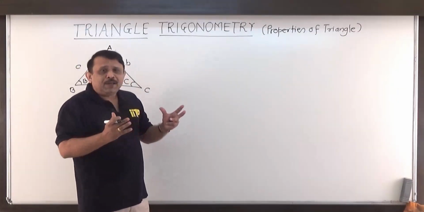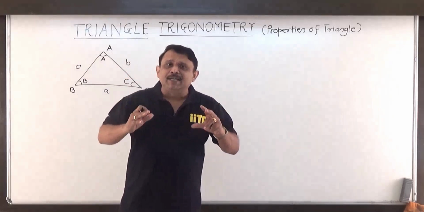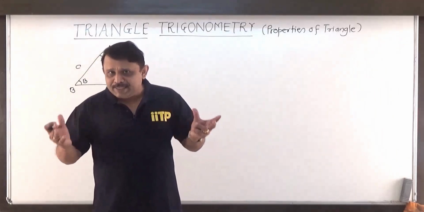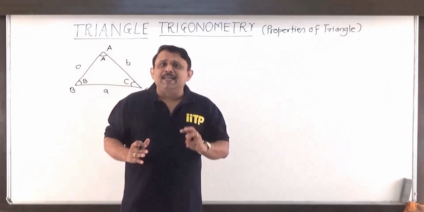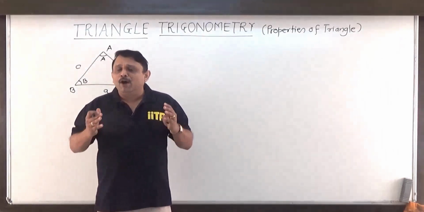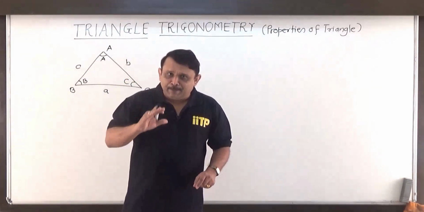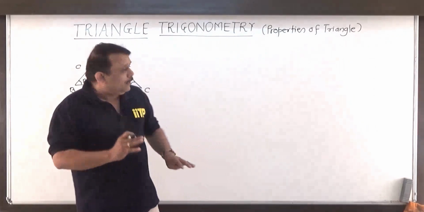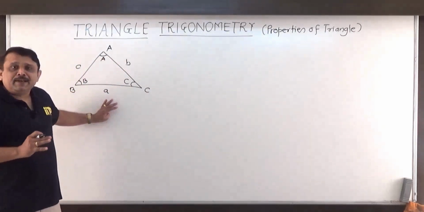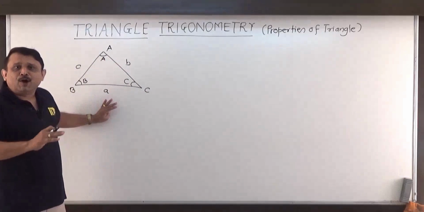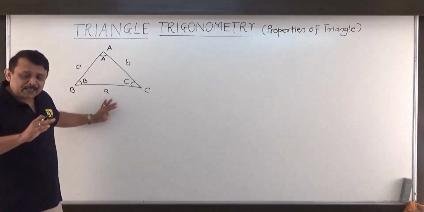So I can draw infinitely many equilateral triangles of different sizes. So if all the 3 angles are known, we know the triangle in terms of shape, not in size.